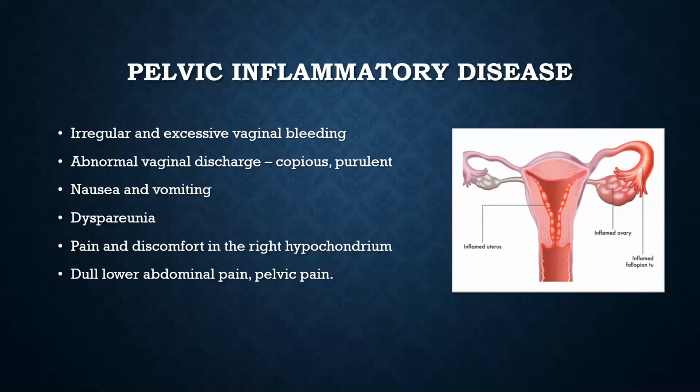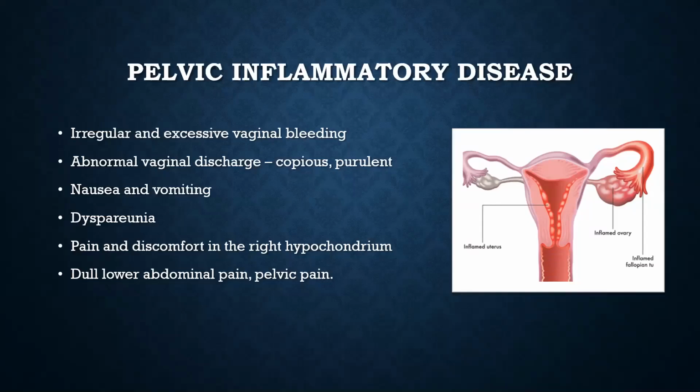Pelvic inflammatory disease is basically a spectrum of infection and inflammation of the upper genital tract. It may include the endometrium, fallopian tubes, ovaries, pelvic peritoneum, and other surrounding structures. So basically, when genital infections occur, the tubes and the endometrial mucosa are the most important ones.